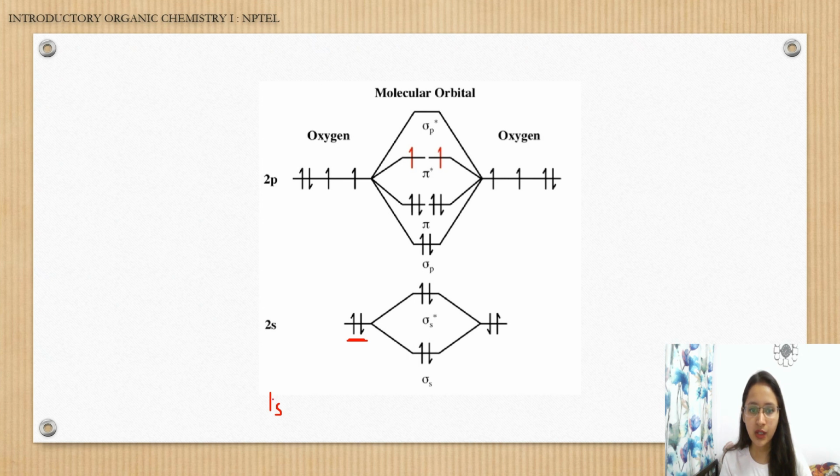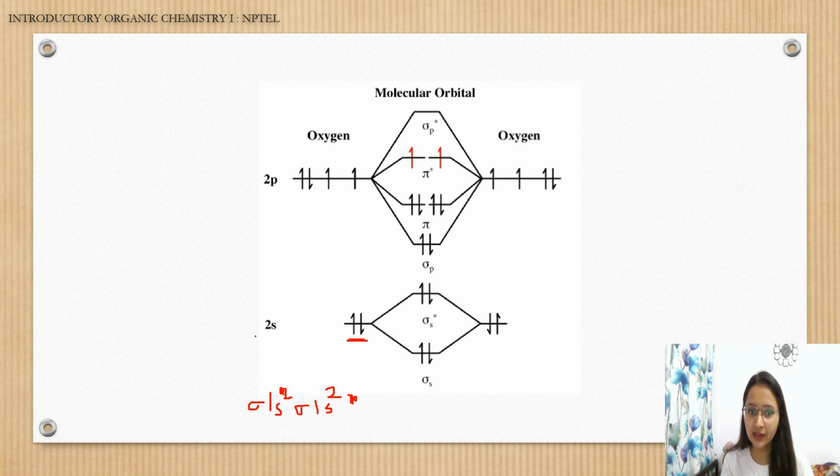So how you are going to arrange is, here this 1s is there, but I am not showing it here. This 1s is having how many electrons? Sigma 1s and sigma 1s star. Star corresponds to what? Anti-bonding, right? So here two electrons are there, and again in the anti-bonding two electrons are there.